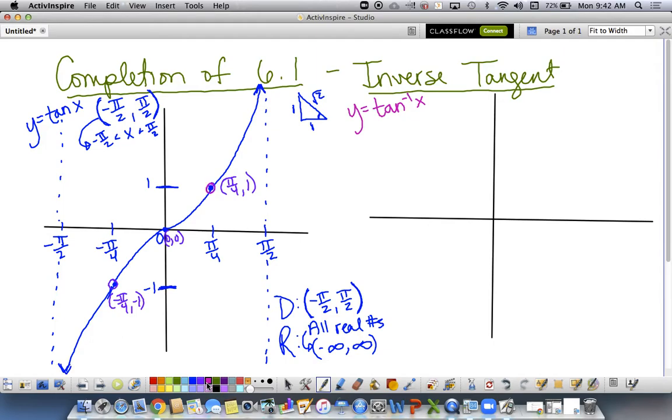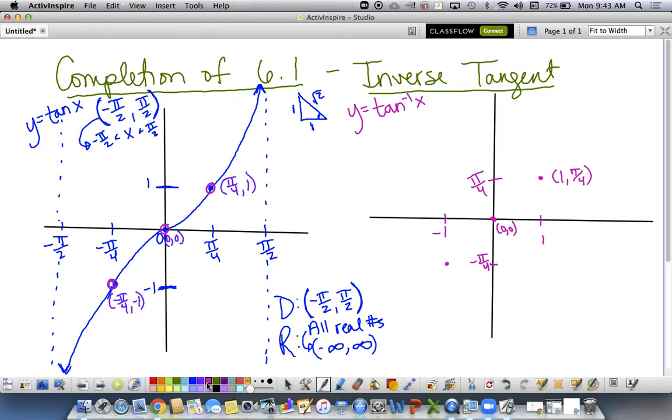So this one, instead of being pi over 4, 1, it would be 1, pi over 4. Okay, 0, 0 is going to stay the same. Right, my x and y's are the same. And then my negative pi over 4, negative 1, will become negative 1, negative pi over 4.